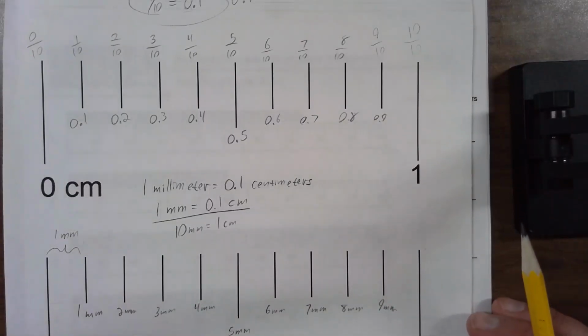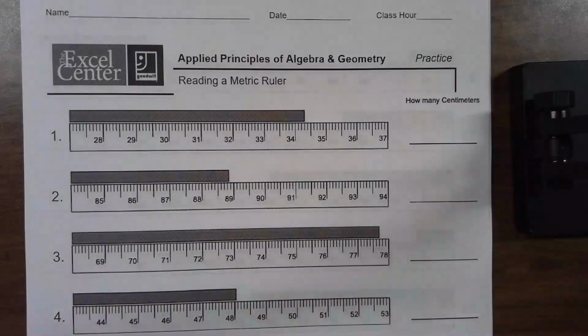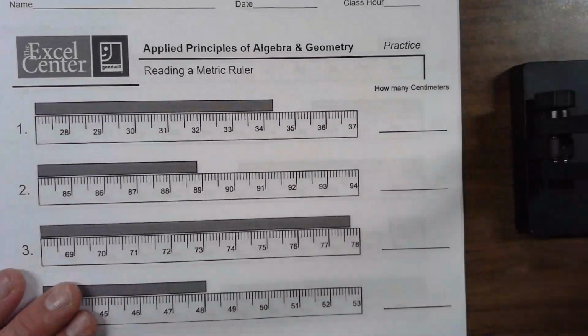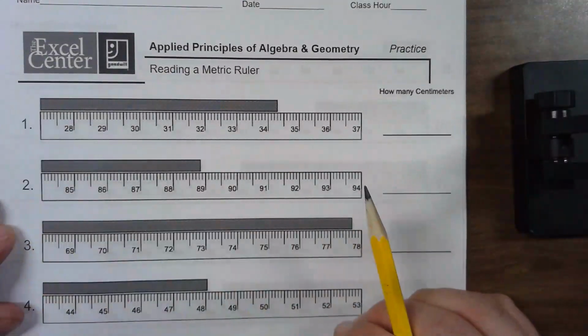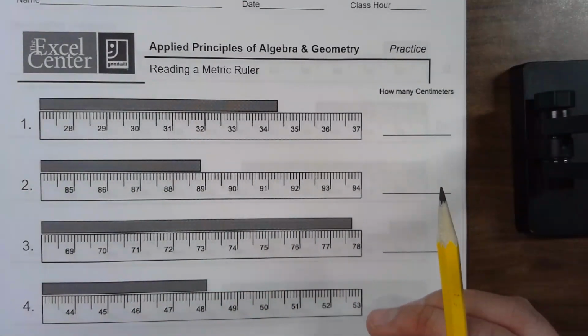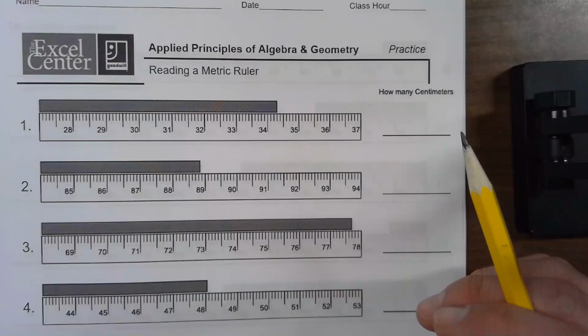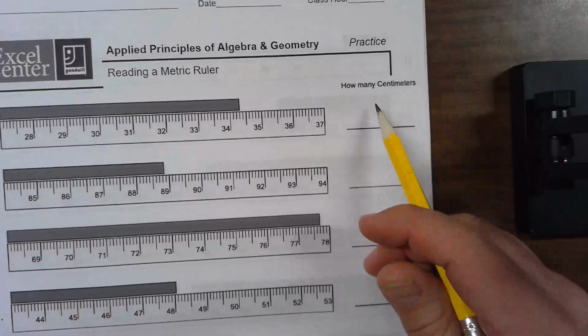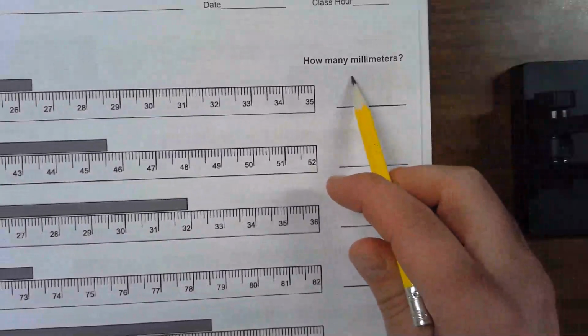Okay, so if this is January 16th for you and you want to get your attendance for January 16th, this is the worksheet I'm going to put online. Again, you don't have to print this out, that's why I numbered it for you. But what you're going to do with the worksheet, you're just going to pretend that this is your metric ruler and you're going to read the centimeters. So front is centimeters, and if I go over to the back, back is millimeters.